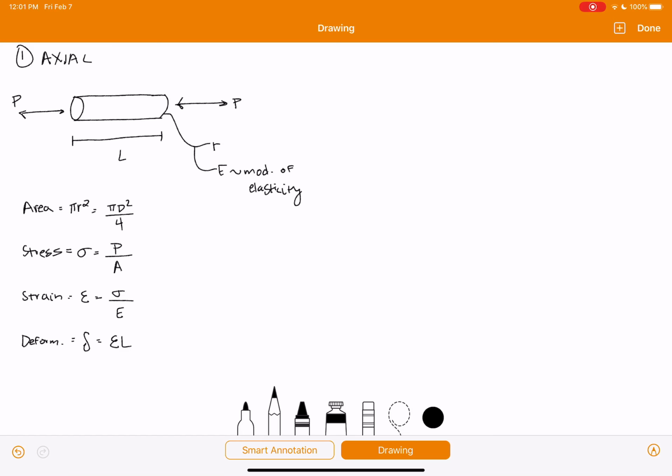All right, so if we just look at an example of one of these, let's say we've got a bar of steel that's 10 inches in length. It's being pulled in tension with 10 kips of force.